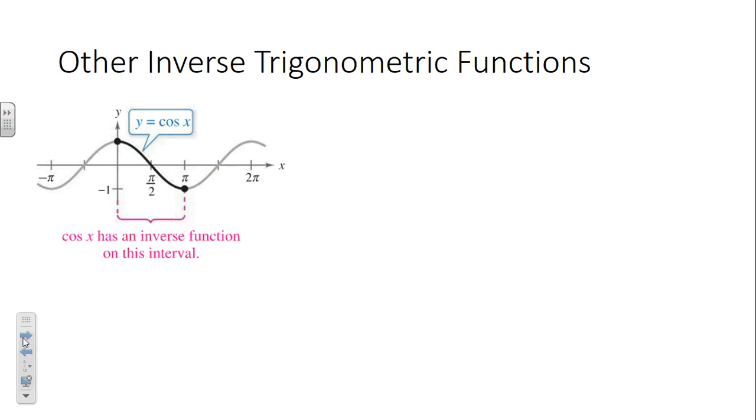We can't do what we did for arcsine and just go from negative pi over 2 to pi over 2, because then we only get our highs. We only get our positive values. So the inverse cosine will be restricted to 0 to pi, first and second quadrants, because we get some positive values for cosine and we get some negative values for cosine. So far, so good? Okay.